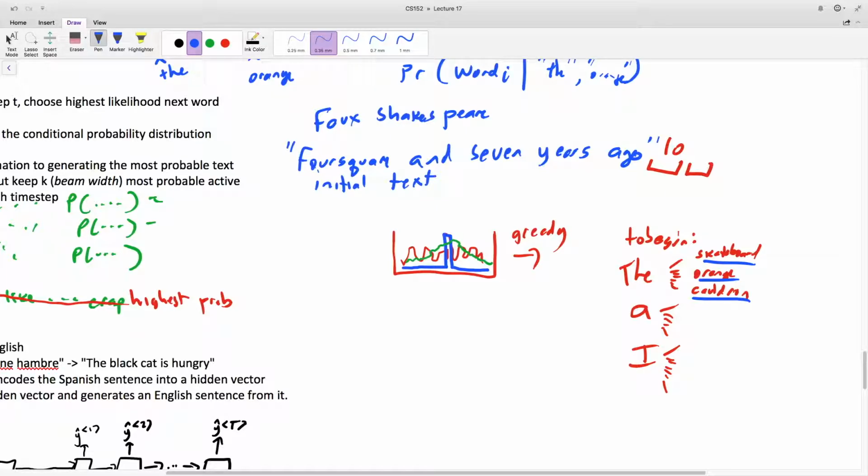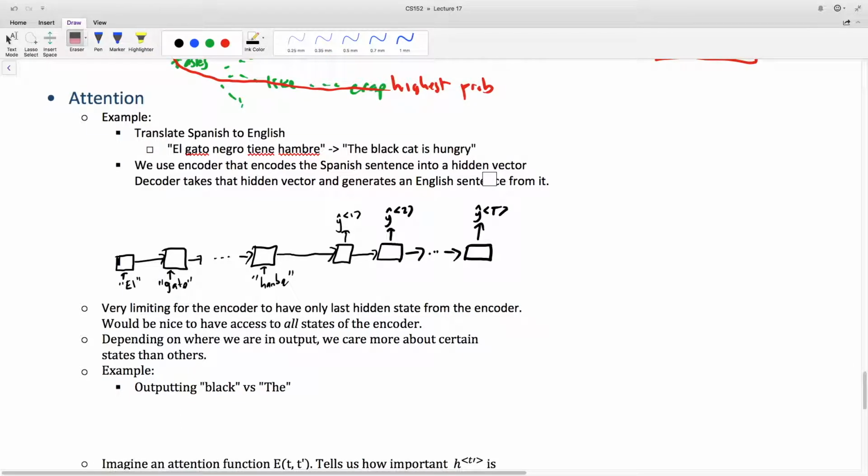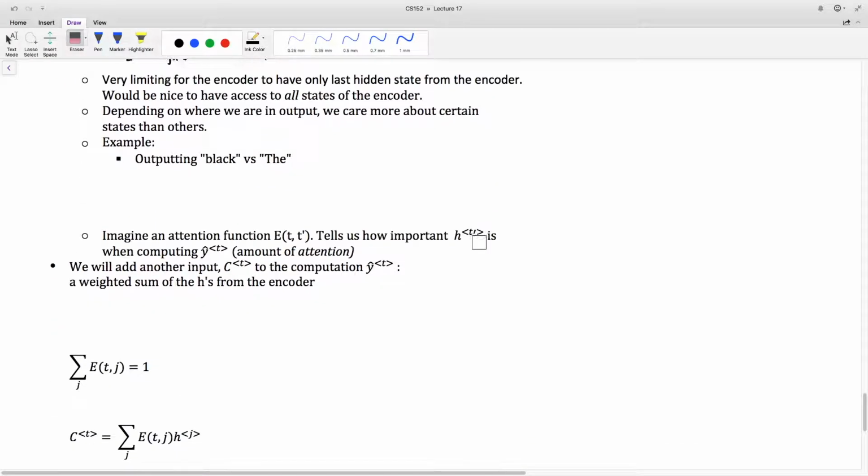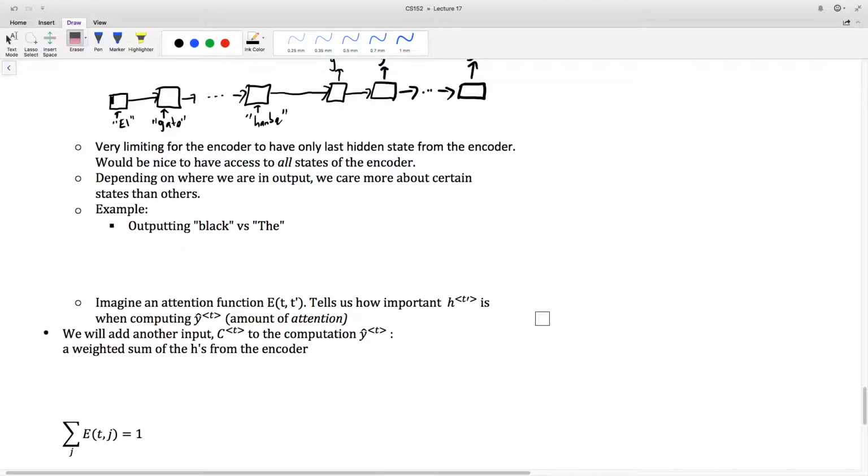So what we'll do is have another weight matrix multiplied by C, where C is going to be our weighted average of all these things.